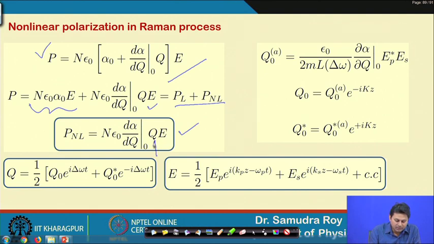One is this q, the displacement, and the other is this E, the field. The distribution of the electric field is already shown. This is the summation of the pump and signal fields. And q is also calculated with the assumption that the system, in this case the molecule, will vibrate under the external field, and this vibration is a forced damped kind of vibration.